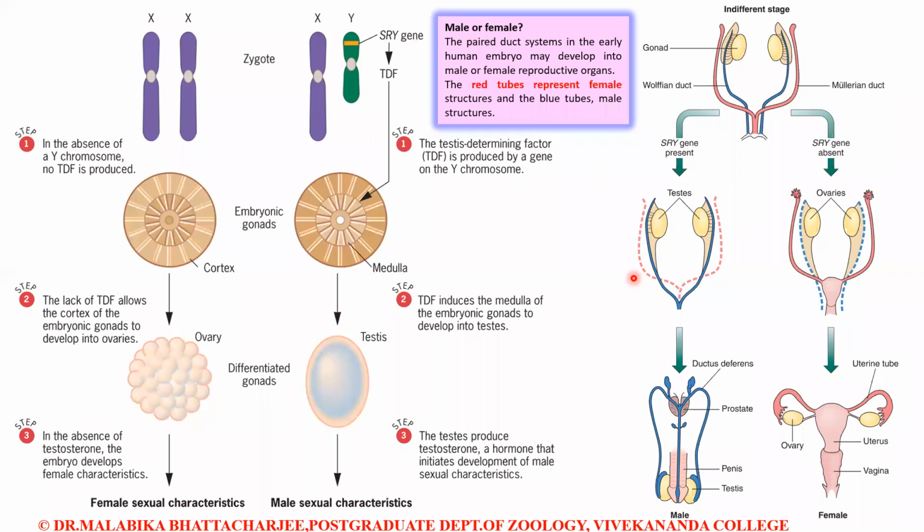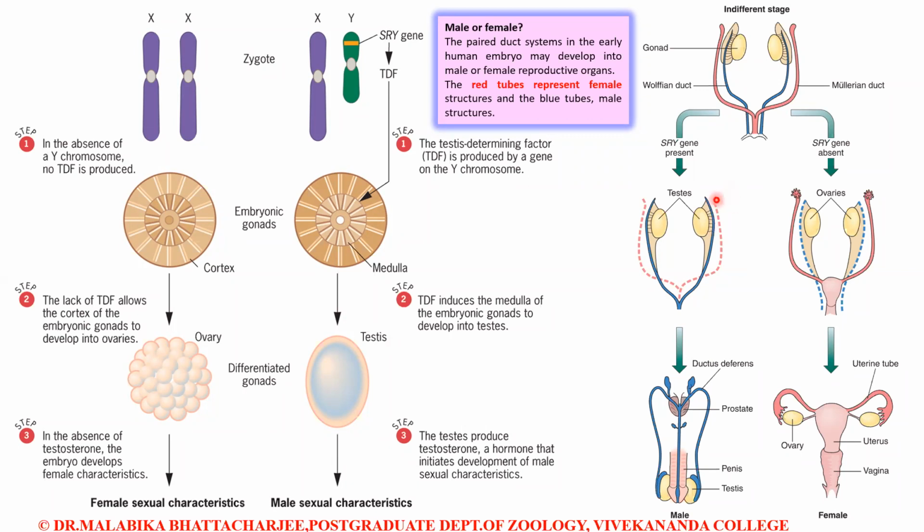The Mullerian inhibiting protein causes regression, as you can see, the red hashed dots. So the Mullerian inhibiting substance causes regression, atrophy of the cells in the Mullerian duct. Degeneration of the duct prevents formation of the female reproductive tract.